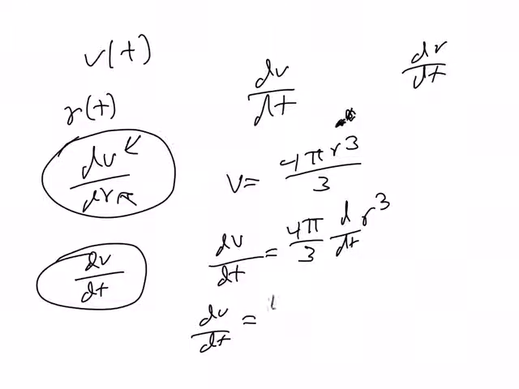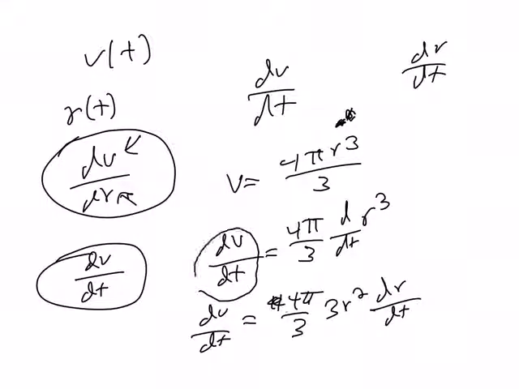It's going to equal 4 pi over 3, and we're going to have 3r squared dr over dt. The reason we can do this is because we basically can ignore the constant, and if you have dy over dx, for example, that's just dy over dx.